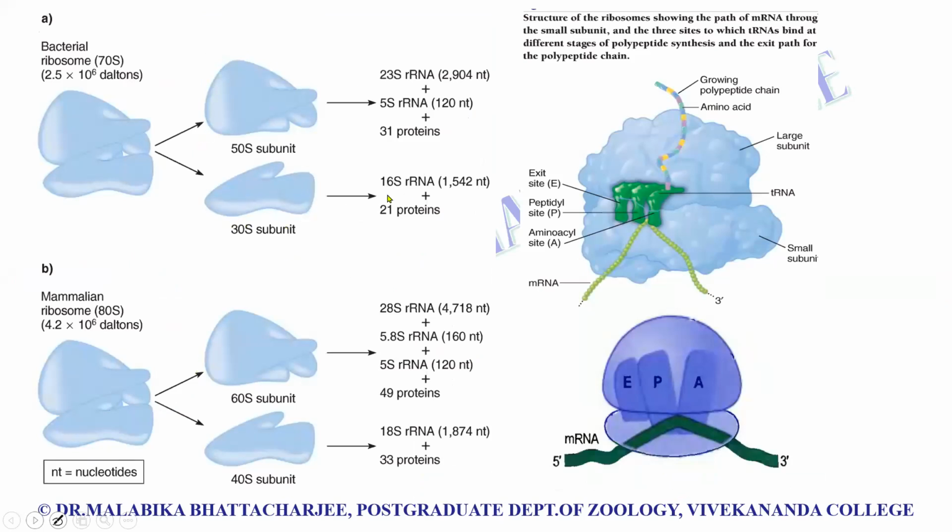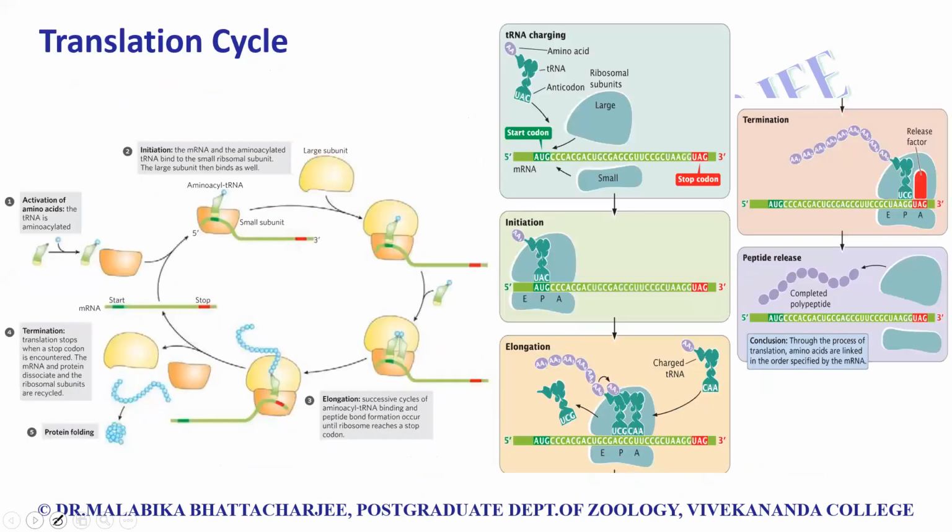In the 30S subunit we have the 16S ribosomal RNA and 21 proteins, which make up the 30S subunit. Look at this picture: this is the start codon and the stop codon.